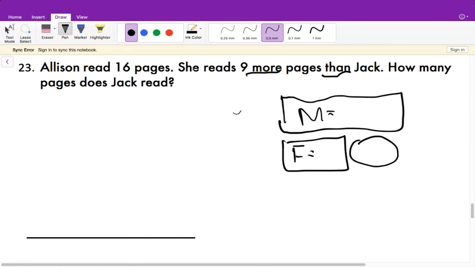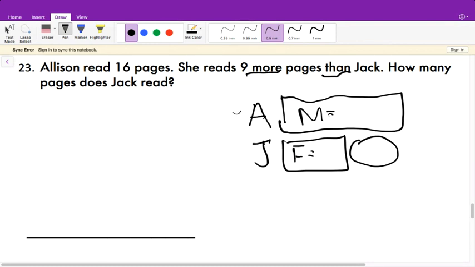She is talking about who? It's talking about Allison, that's right. So if we just read this sentence without the number, we can see Allison reads more than Jack. So Allison is reading more. So that lets me know that Allison needs to go on the top and Jack needs to go on the bottom.